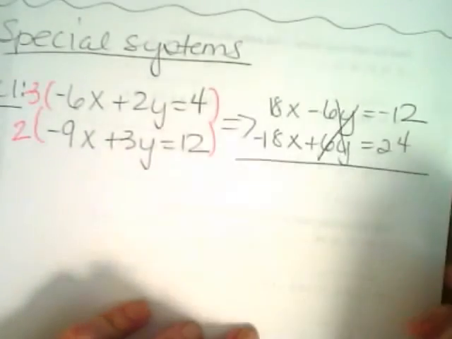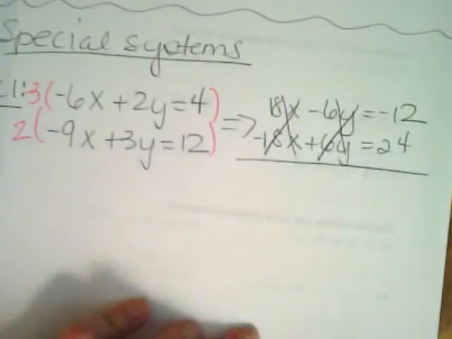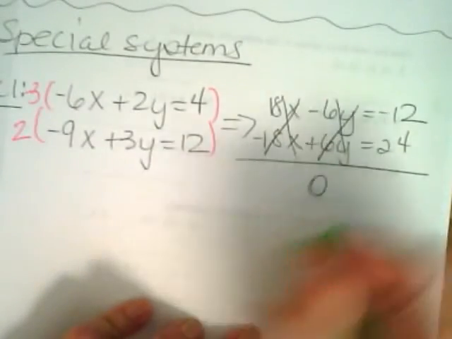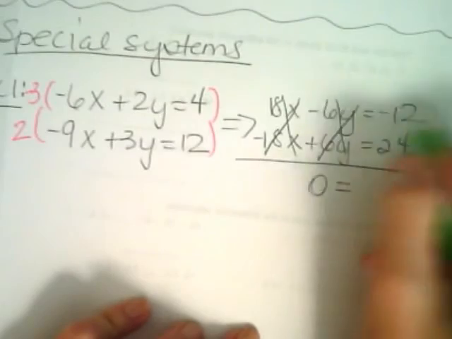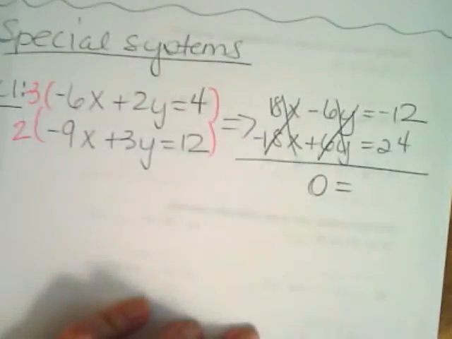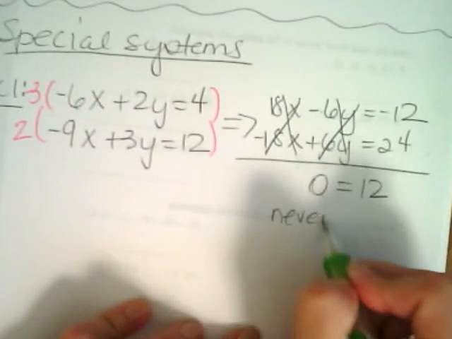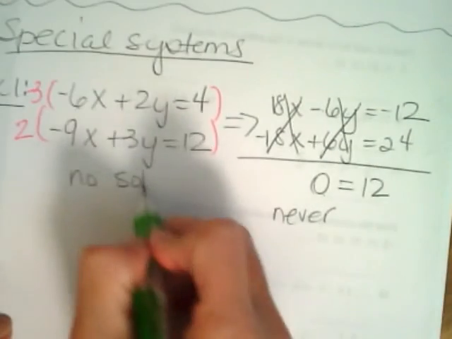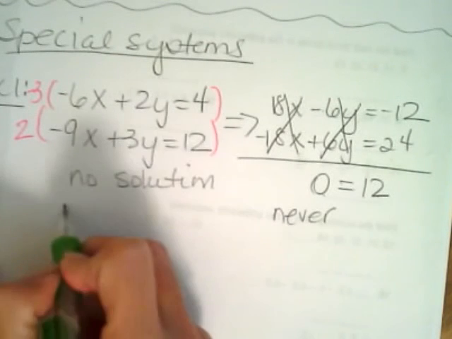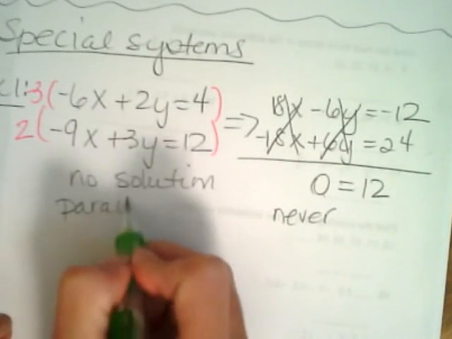So now 18 and negative 18, well, that goes away also. So what am I left with over here? A big 0. What am I left with over here? A negative 12 and a positive 24 is 12. When does 0 equal 12? Never. So no solution, which means these two are parallel.